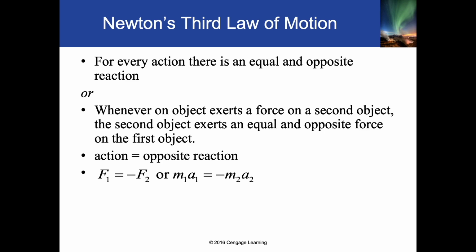Mathematically, you can say that F1 equals minus F2, or you can talk about it in terms of masses. Because F equals ma, the first mass times the first acceleration equals the negative of the second mass times the second acceleration. Those are just different ways of saying the same thing.